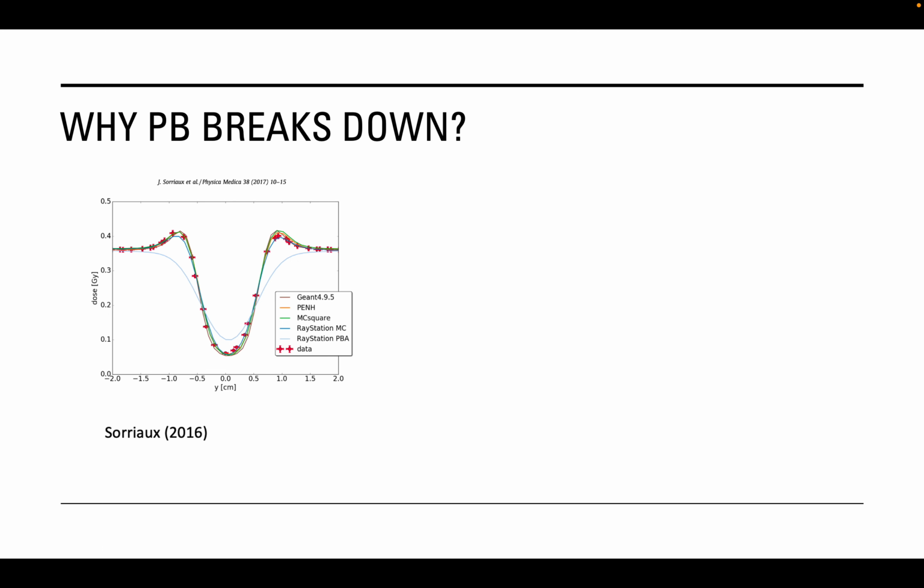So in heterogeneities, protons scatter and slow down stochastically, which pencil beam is not able to model. At the interface, the multiple Coulomb scattering increases. That's why we get this behavior, which of course pencil beam is failing to model properly. Next, energy loss fluctuates.